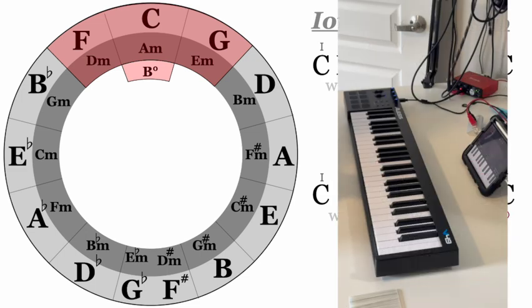Now we're going to listen to the difference between our E minor from our C Ionian mode and our E diminished in our C Mixolydian mode. So first, the E minor. Followed by the E diminished.